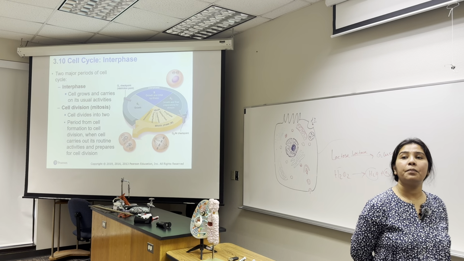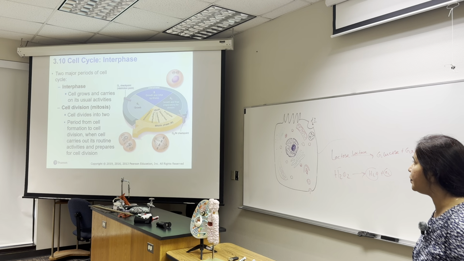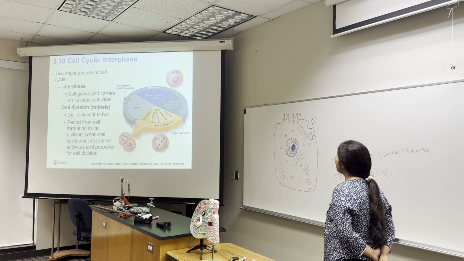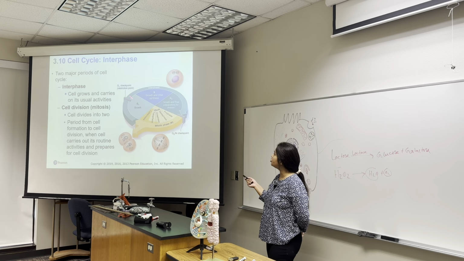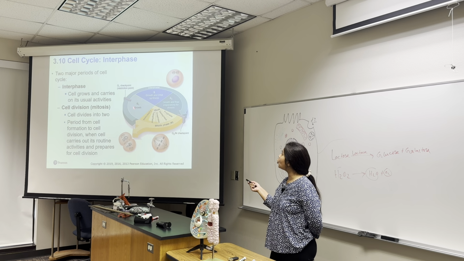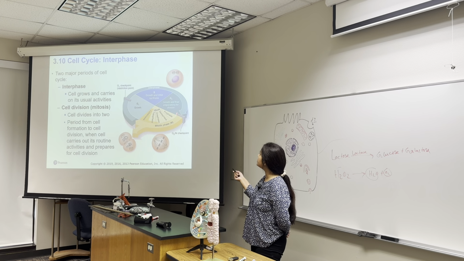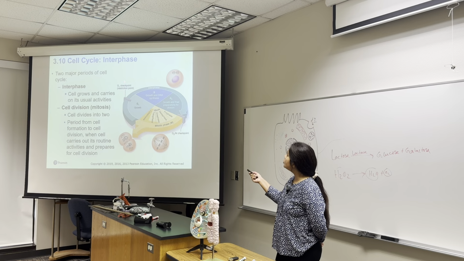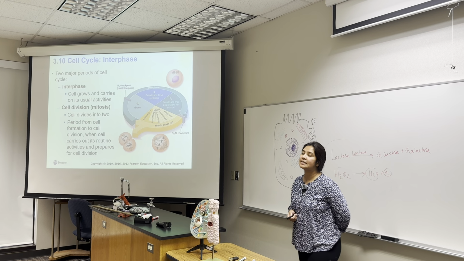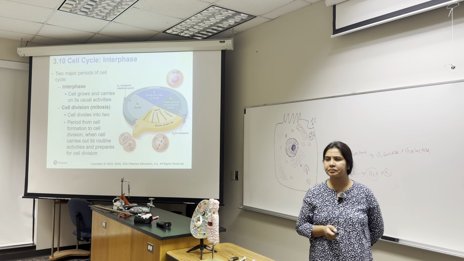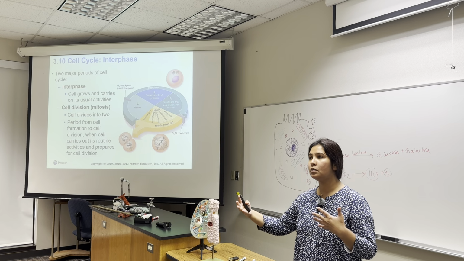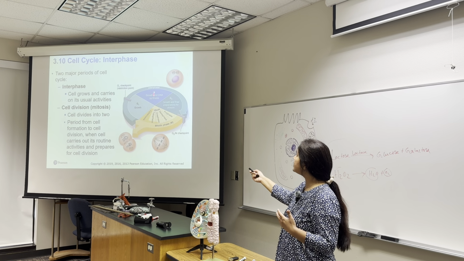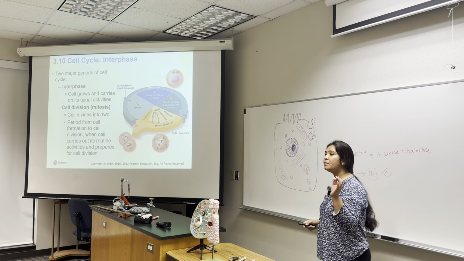The interphase has three different phases: the growth 1 phase, the synthesis phase, and the growth 2 phase. In the growth 1 phase, what is basically happening is your cell grows. And then the synthesis phase. What is the most important part of your cell?